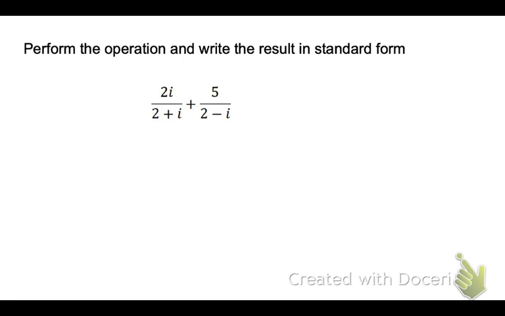Does everyone see that? That's pretty nice, right? If they're conjugates of each other, it makes it amazing. You multiply one by the other and you're good, right? If they're not conjugates of each other, I simplify them both individually and then add them. Does that make sense?